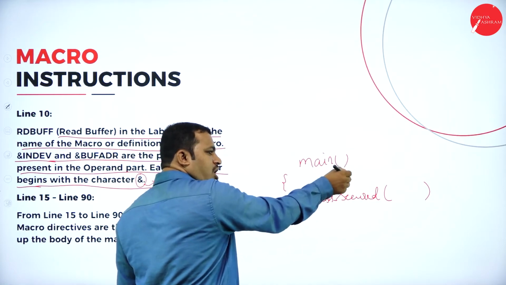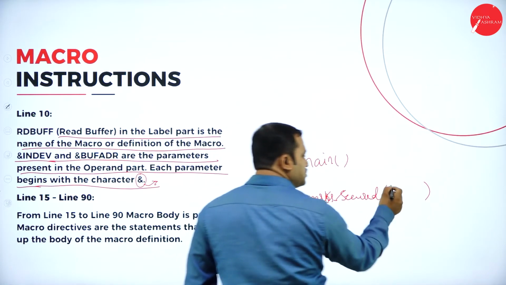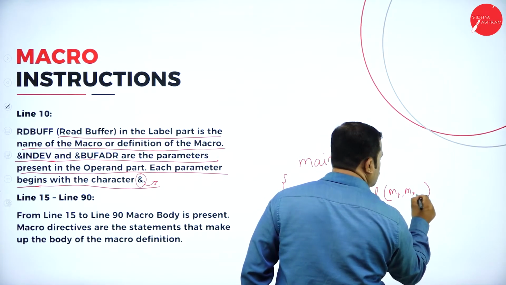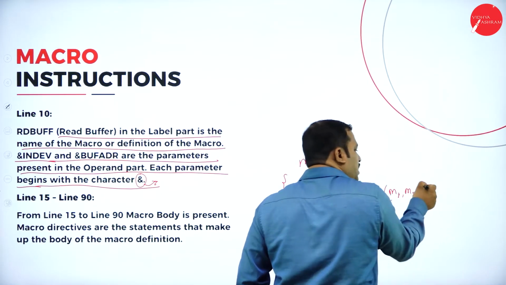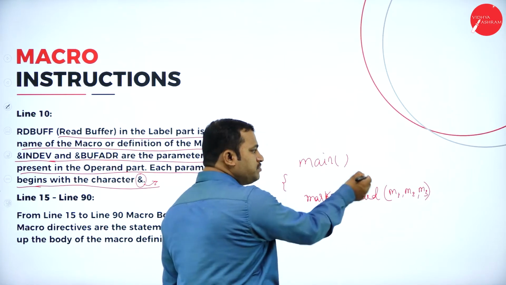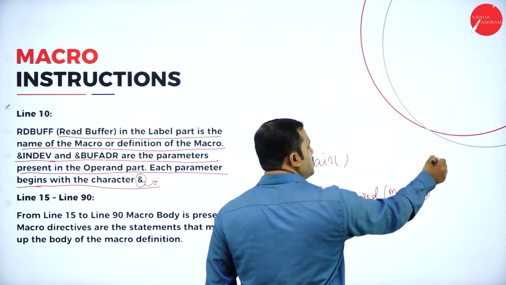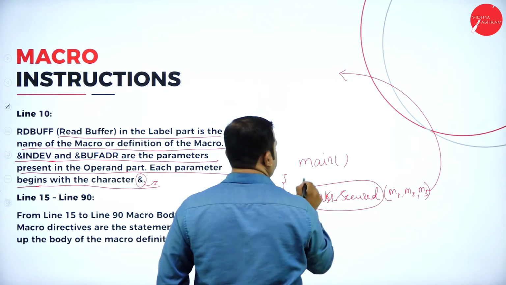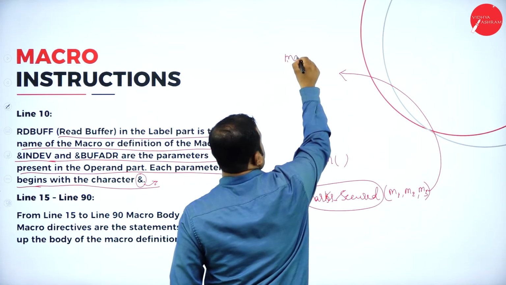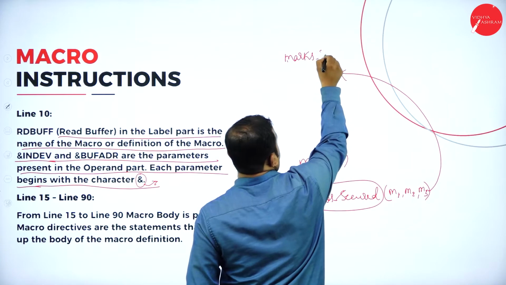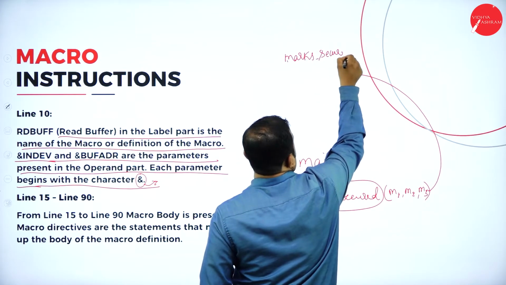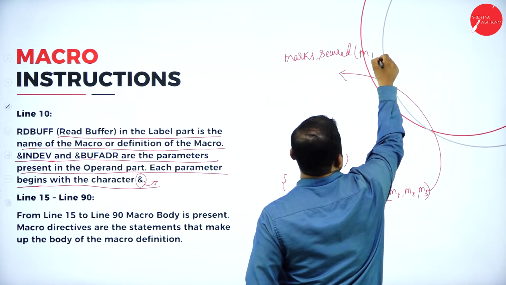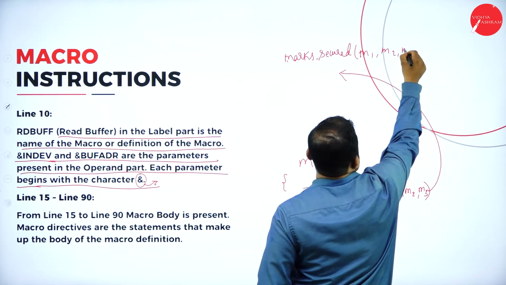In the function call, I will perform certain operations, where M1, M2, M3 are the parameters I am passing. At this point of time, this will invoke the function definition defined as marks secured, that is marks secured with M1, M2, M3.